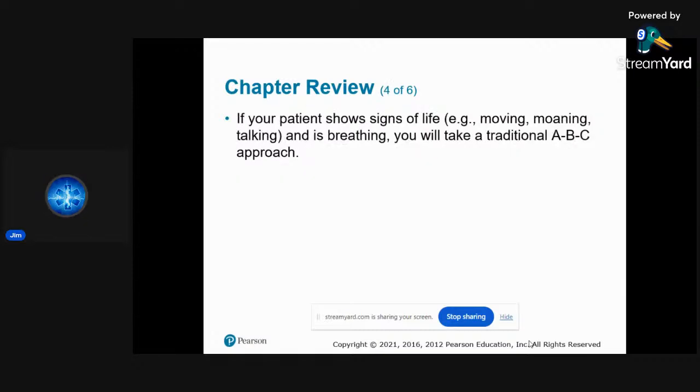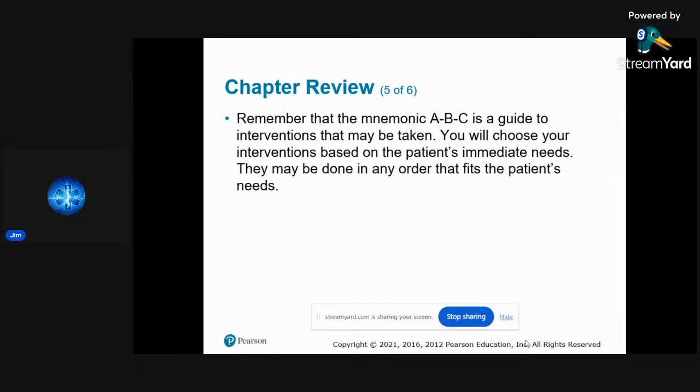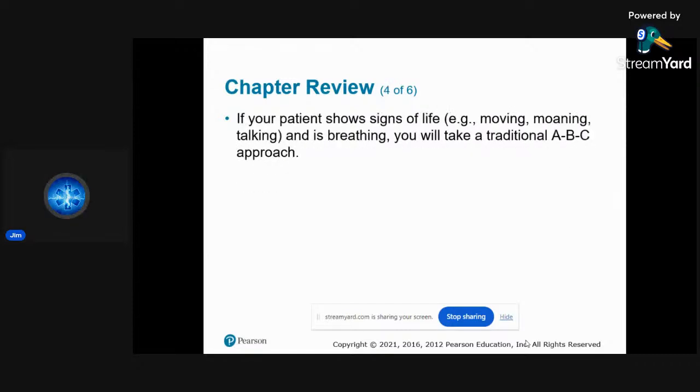If they show signs of life, we're going to switch and go to the traditional ABC approach. So we're going to make sure they have a patent airway. We're going to make sure that they are breathing. If they're not, or it's inadequate, we're going to breathe for them. And then finally, we're going to move on to if they have a pulse or any life-threatening bleeds.